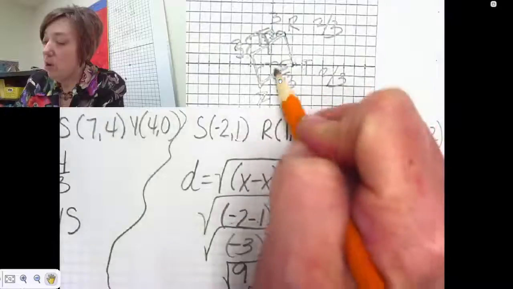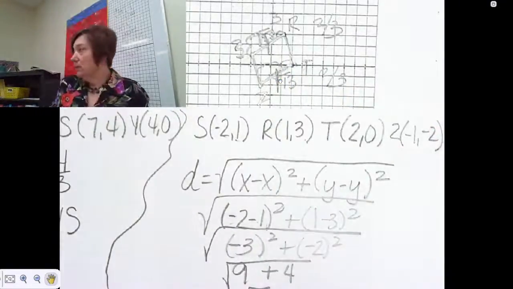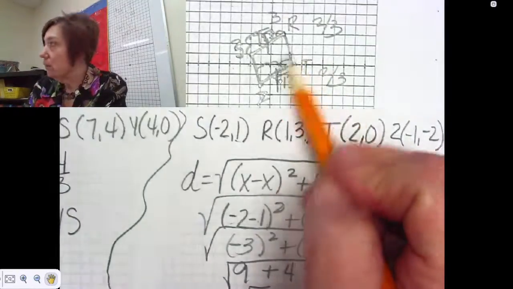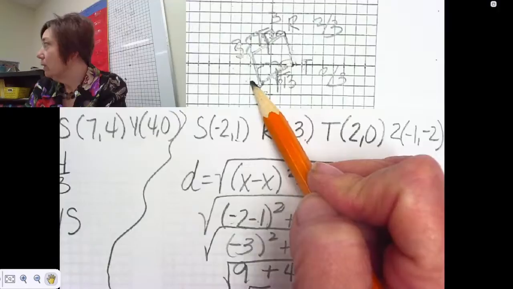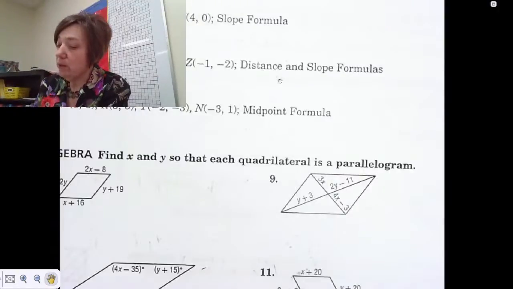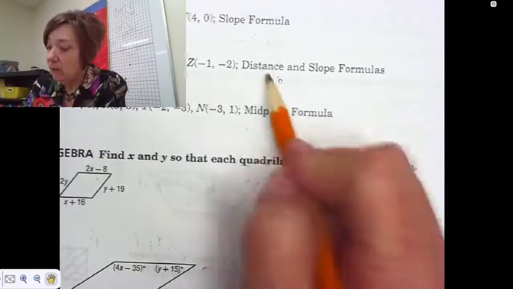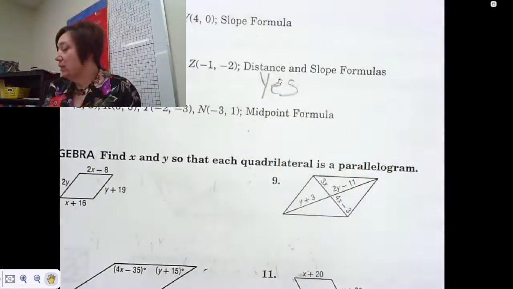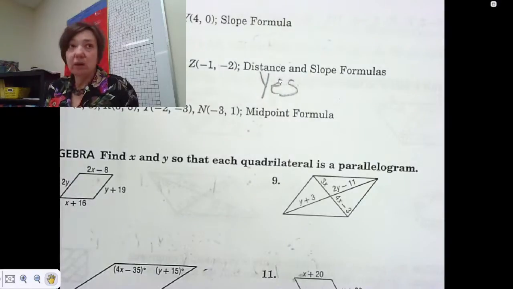These two are congruent and they have the same slope, so they're parallel. So that means the other two have to be congruent and parallel also. So our answer for number 6 would be yes.